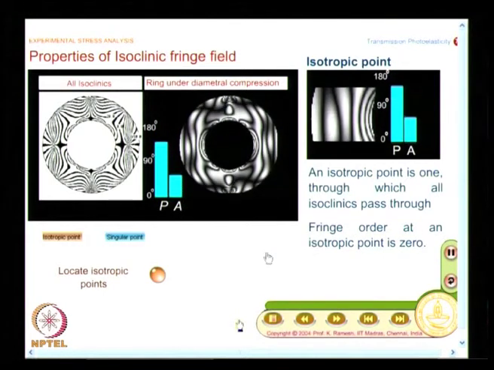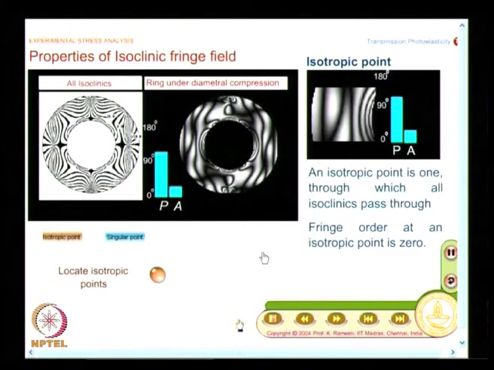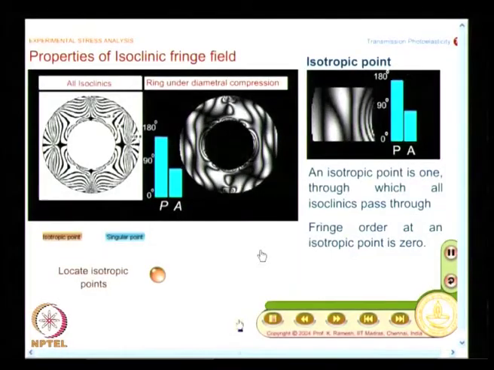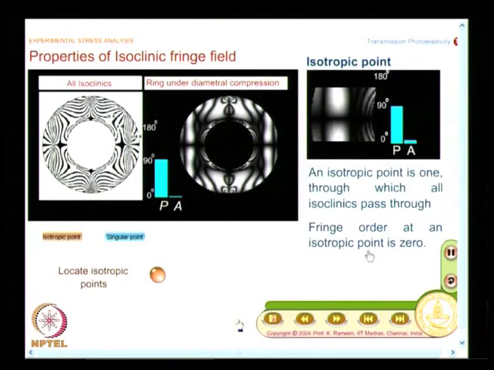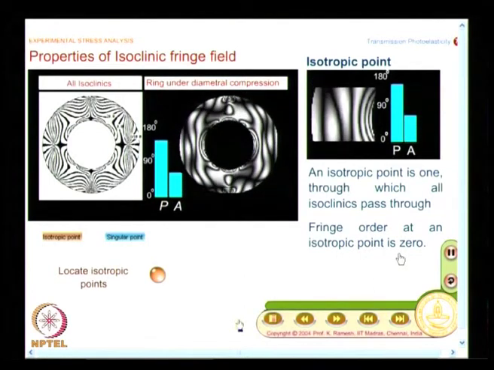You have already seen, I have already helped you to tune your eyes to see that there are points in the model domain where all isoclinics pass through. Since you have seen that, now you can appreciate this point, and you have the advantage fringe order at an isotropic point is 0.